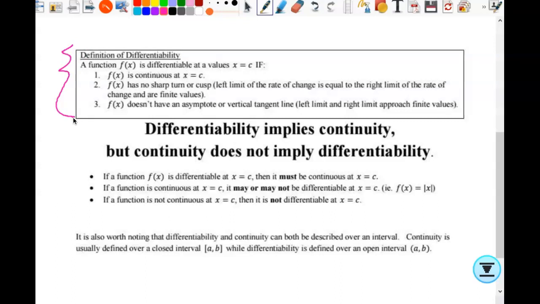A function is differentiable if f of x is continuous at c, f of x has no sharp turns or cusp, the left limit is equal to the right limit, and it doesn't have an asymptote or vertical tangent. The vertical tangent part, the asymptote part, really goes along with the continuity. So the third thing is really more your vertical tangent that you can't have. Obviously, the vertical asymptote is a problem as well, but the left limit has to equal the right limit.